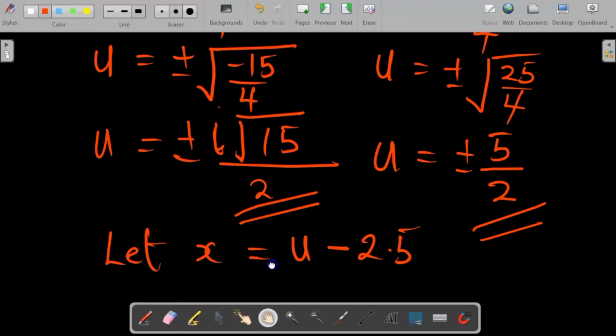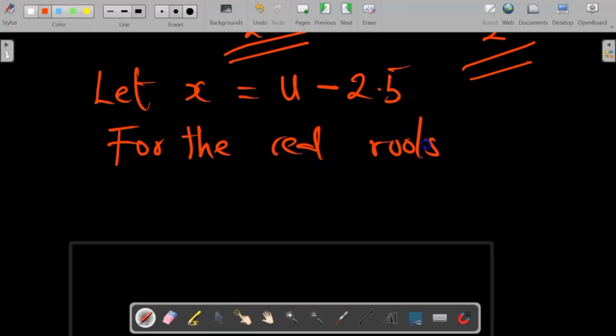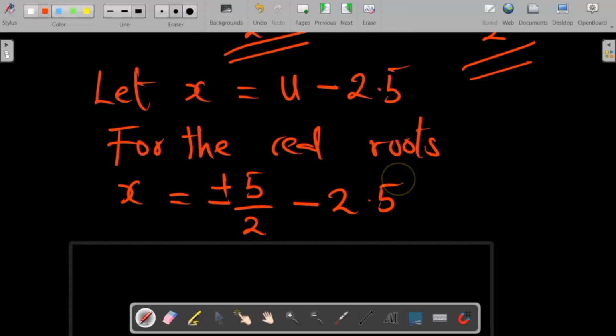So now, let's get the value of x. For the real roots, x is equal to plus or minus 5 over 2 minus 2.5.